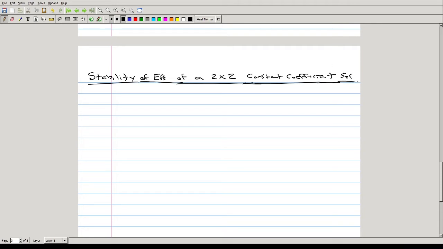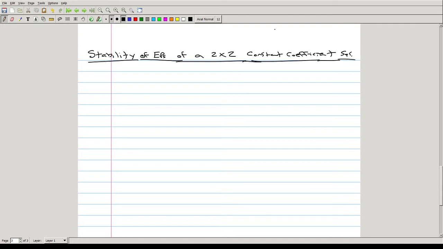So we're going to deal with systems of the form xi prime is equal to A xi, and we're going to focus on the case where the determinant of A is non-zero.